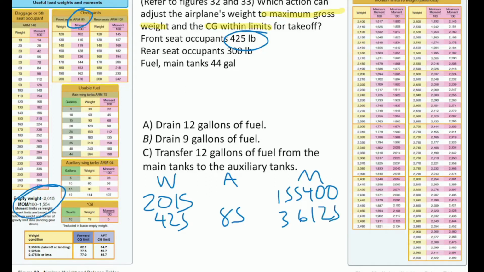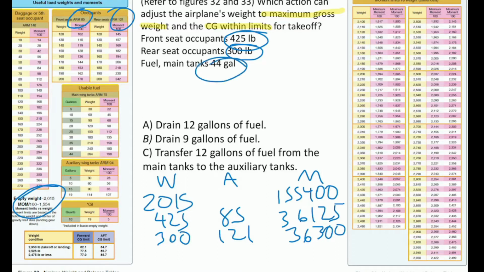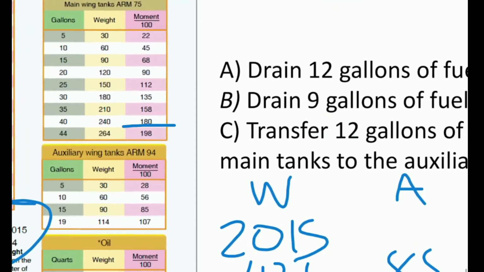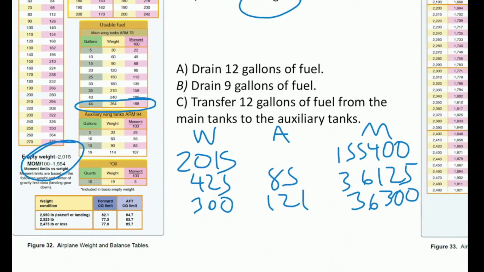36,125. Rear seat 300, arm of 121, 300, 121. Moment is 36,300. Then we got fuel 44 gallons. We know that 44 gallons is a weight of 264.